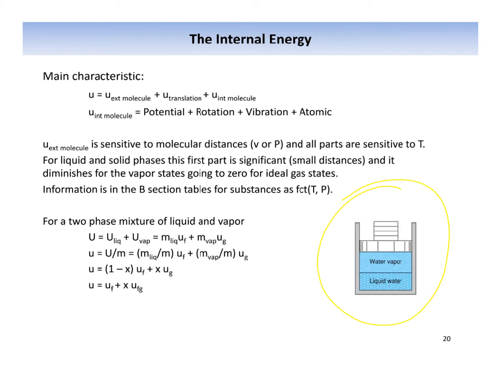If we want to find the internal energy of this specific system, we will find the internal energy of liquid and the internal energy of the vapors, and we use the formula that uses the value of x, the quality. Quality defines the ratio of mass present in the form of vapors divided by the total mass. You can see it in this equation over here.